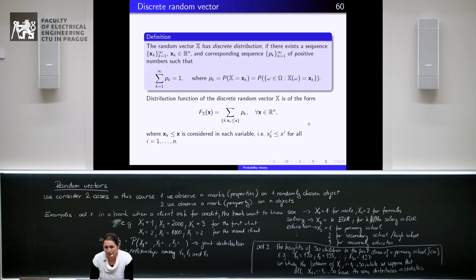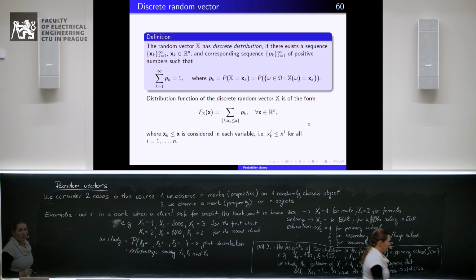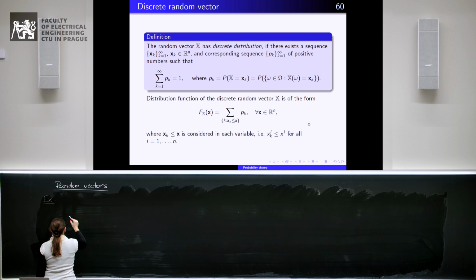And since we have a finite number of variables in the vector, the number of all combinations of the values in the vector is either finite or countably infinite. And it means that each combination can be given a concrete probability so that the sum of the probabilities is equal to 1. How can it look? Let's consider an example.